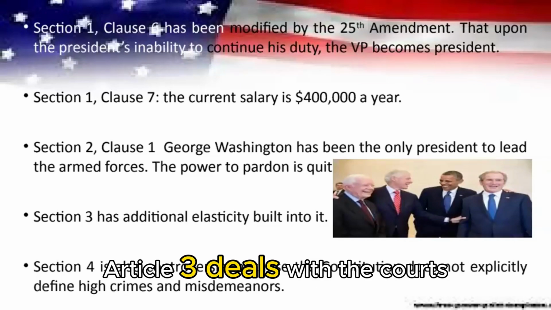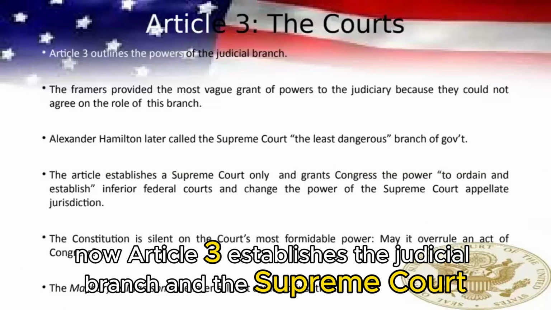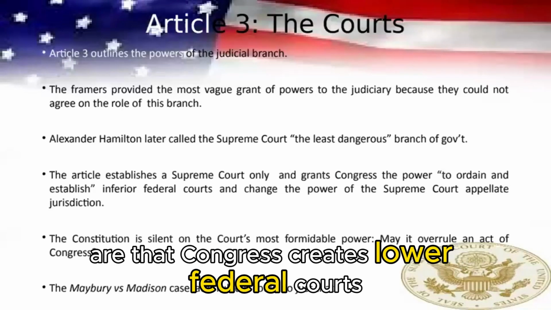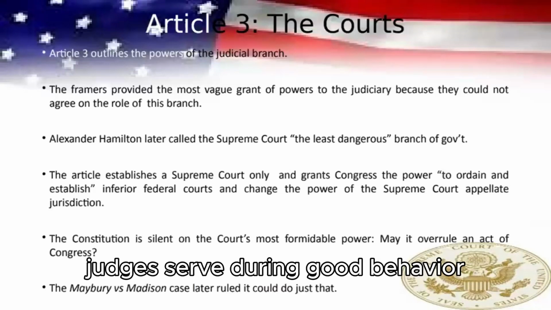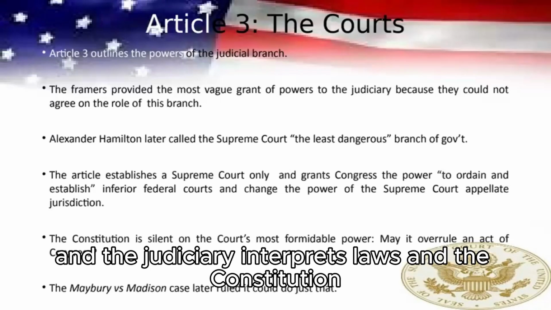Article 3 deals with the courts. Article 3 establishes the judicial branch and the Supreme Court. The key features of Article 3 are that Congress creates lower federal courts, judges serve during good behavior, which is a life tenure, and the judiciary interprets laws and the Constitution.